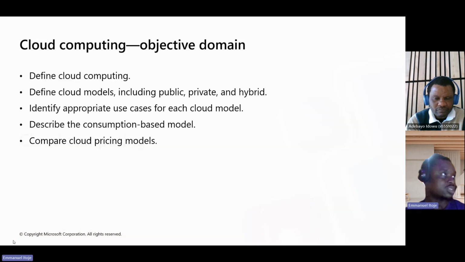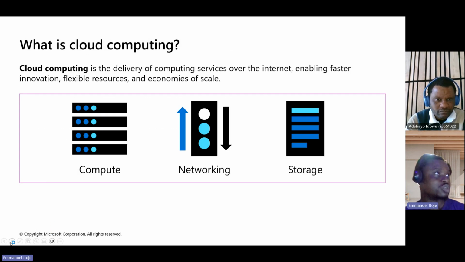So under cloud computing, we're going to define what cloud computing is, define the cloud models, then identify appropriate use cases for each cloud model, then describe the consumption-based model and compare cloud pricing models. So what is cloud computing?